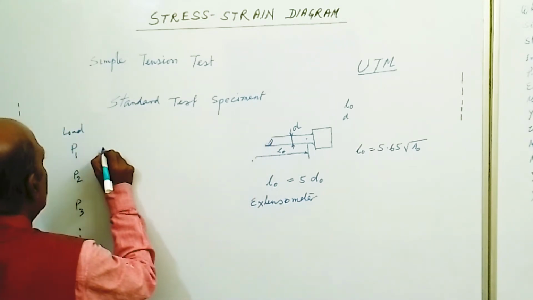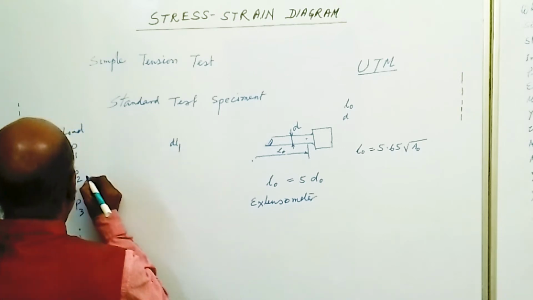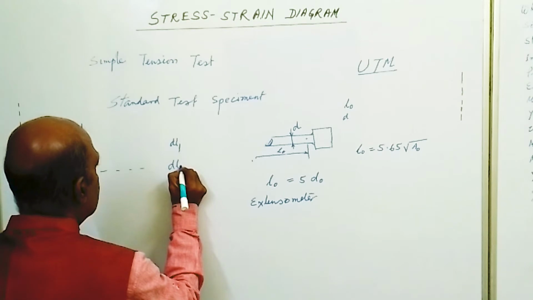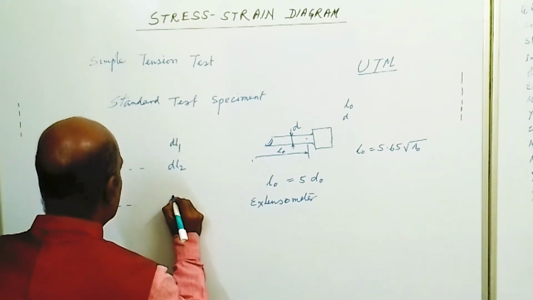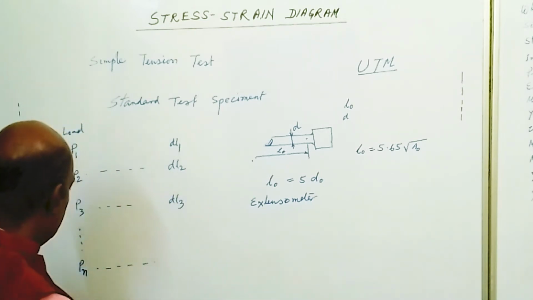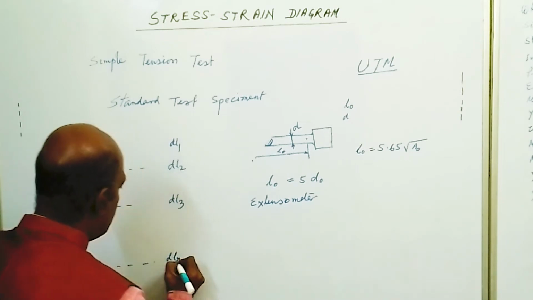Say at this point the extension was dl1. At this point, when the load is P2, the extension is dl2, and when the load is P3, it is dl3, and when the load is Pn, this is the deformation.